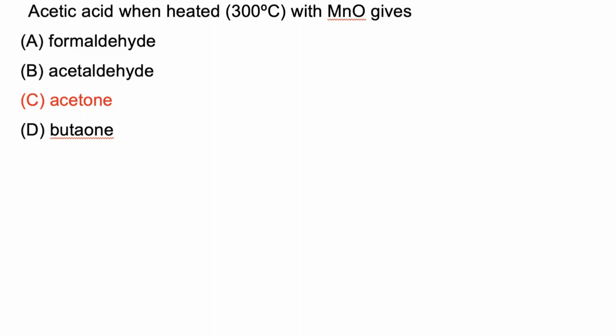In this question we have to find what product is obtained when acetic acid is heated with manganese oxide at 300 degrees Celsius temperature. So acetic acid, this molecule is acetic acid.